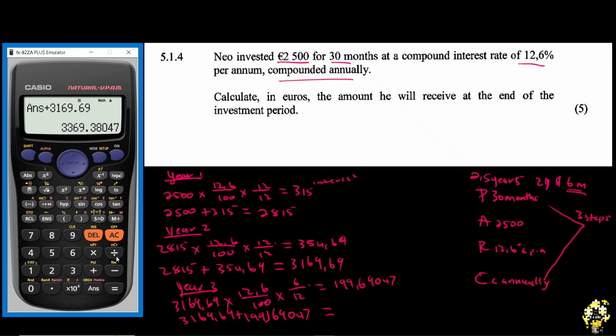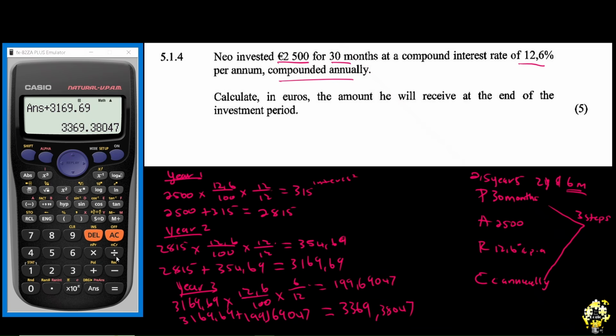We actually get 3,369. So it's actually becoming 3,369.38047.